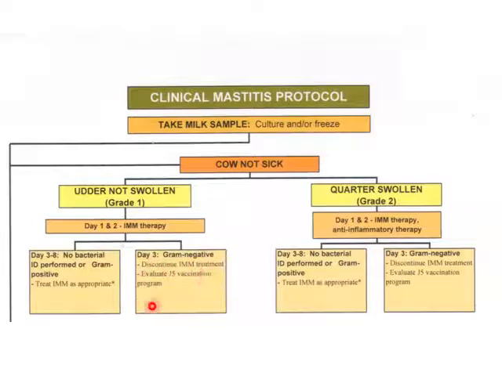We need to think about our J5 program. We're going to let that animal cure herself as she moves through. So if we've got milk in the udder involved, we're going to think about intramammary therapy and an anti-inflammatory response or treatment for the udder. Again, we're going to take that sample, we're going to plate it, we're going to try to get results. Once we have results, we're going to act accordingly.